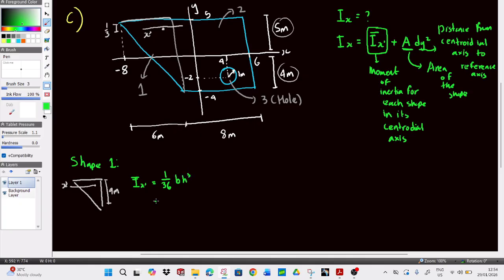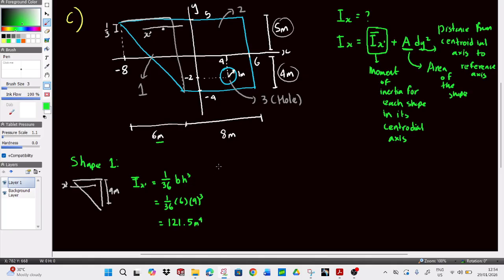So it becomes 1/36 times our base, which is 6 meters, times 9 cubed, which is about 121.5 meters to the power of 4.